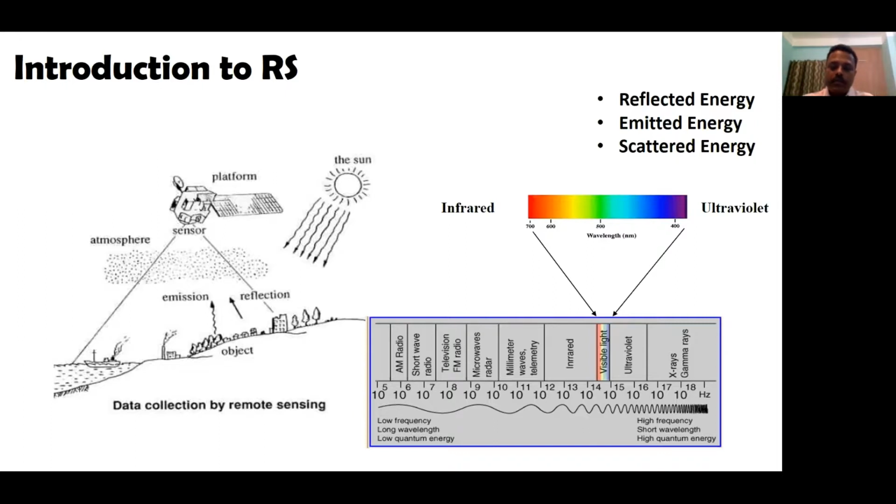If you cross the microwave range, we enter the radio waves, which have even larger wavelengths, and normally remote sensing is not engaged in this range of waves.